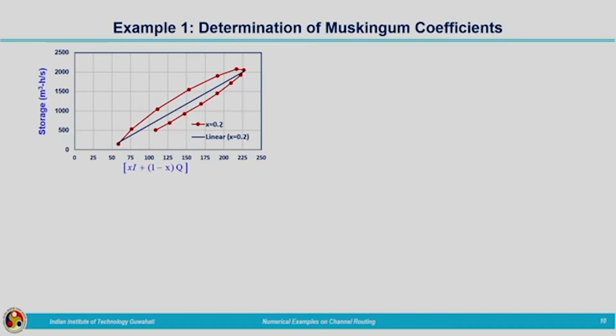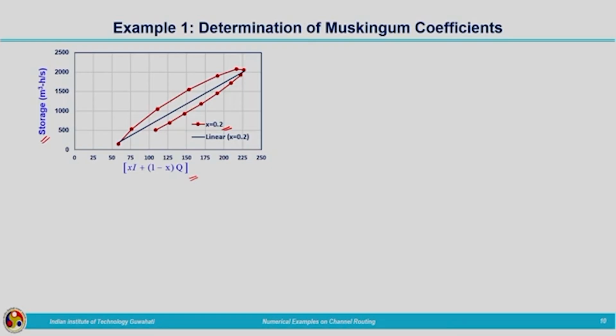When x is equal to 0.2, the graph obtained is shown here in this figure. Storage along the y axis and xi plus 1 minus xq along the x axis is plotted. So, this will be forming a loop. After that, what we will do, we will fit a straight line to these data points and we will check whether the loop is very close to the straight line or not, or we will check whether this loop can be approximated by means of this straight line.